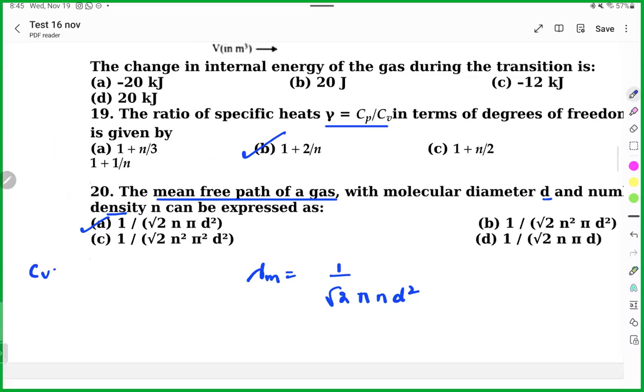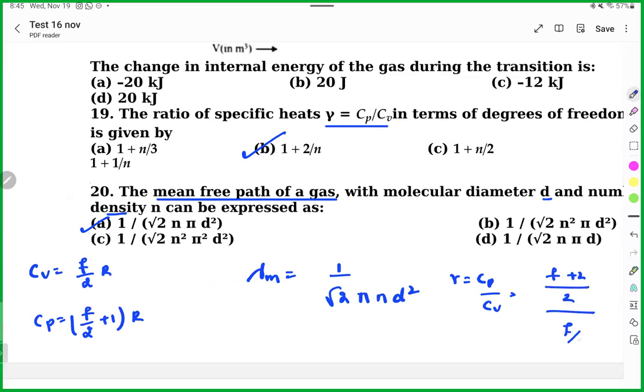Because you know CV is equal to degree of freedom by 2 R, CP is equal to degree of freedom by 2 plus 1 R, and you are calculating gamma, which is equal to CP by CV. R will be cancelled because it's a ratio, right? So it will be (F plus 2) by 2 divided by F by 2. The 2 will be cancelled. It will be (F plus 2) by F, which is 1 plus 2 by F. Yes or no? Should I explain this again?